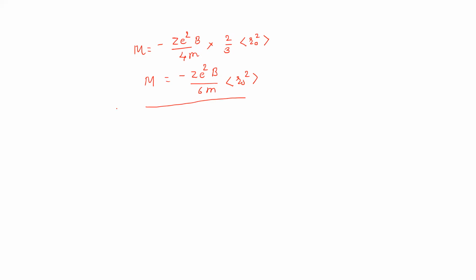Again, we know that the magnetic induction is given as B is equal to mu 0 H, and therefore this magnetic moment equation will become minus ZE square mu 0 H divided by 6m into R0 square.